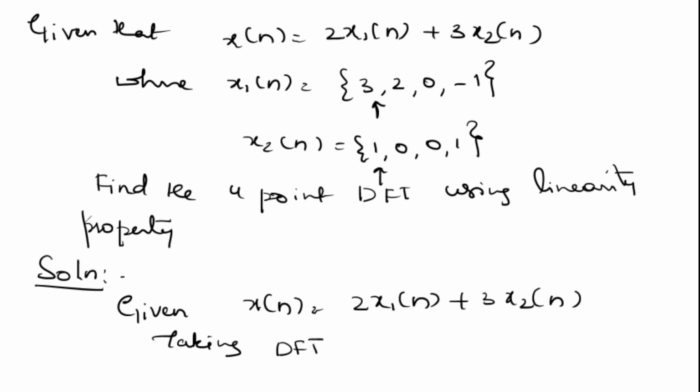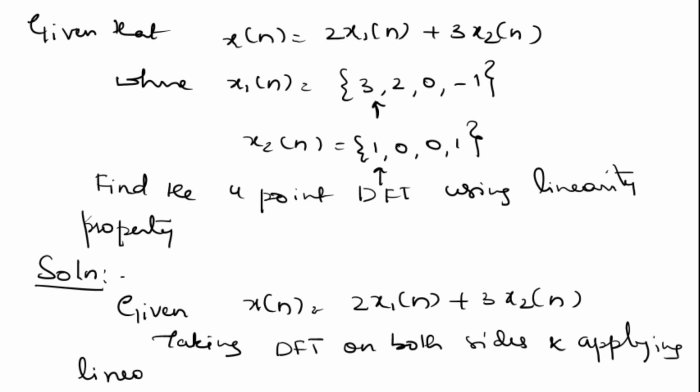Taking DFT on both sides of above equation and applying linearity property, we get x of k is equal to 2 into x1 of k plus 3 into x2 of k.